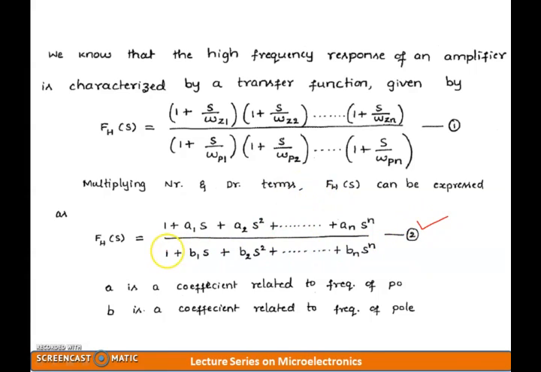I'm just trying to replace all the coefficients related to the frequencies of the poles, and also all the coefficients related to the frequencies of the zeros. So I'm replacing them with A1, A2, A3 and so on, and then with B1, B2, B3 and so on. That's my equation number 2.